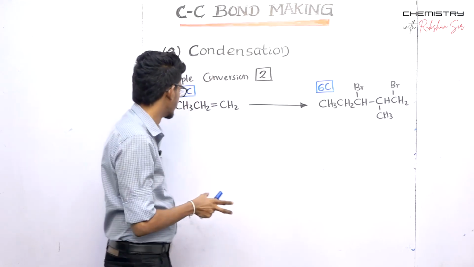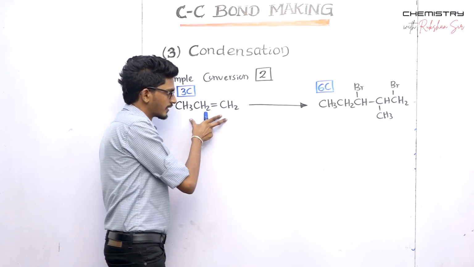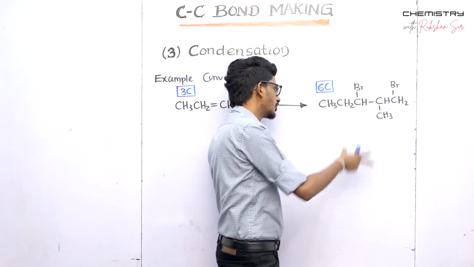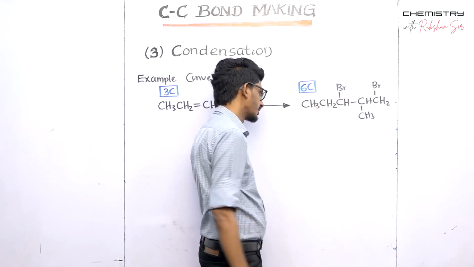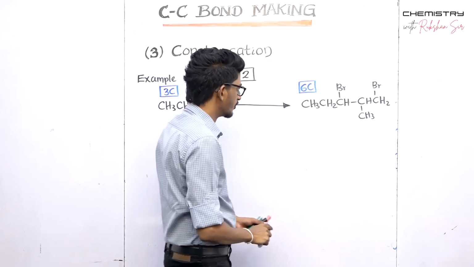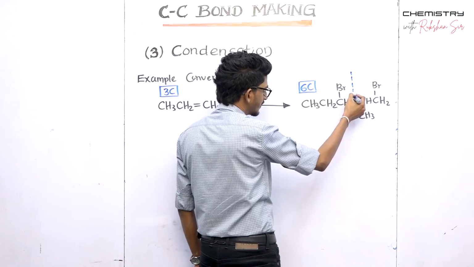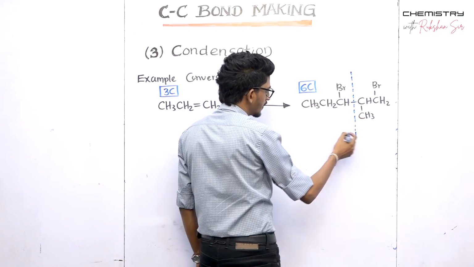As we are starting with 3-carbon blocks, first break this 6-carbon compound into 2 3-carbon blocks. If you do so, it will be from here. You need to break this.